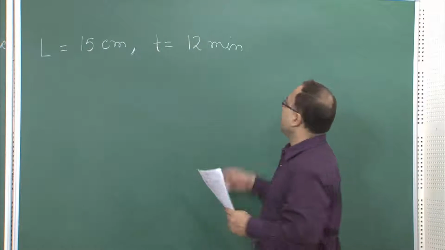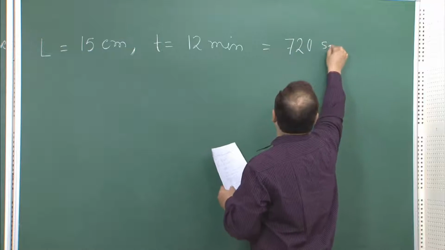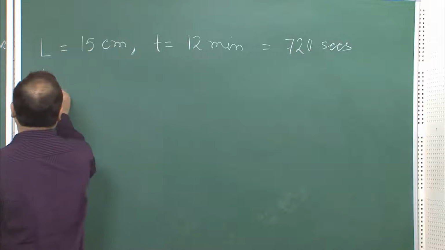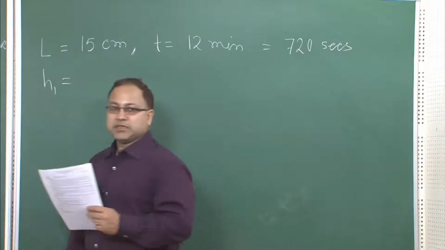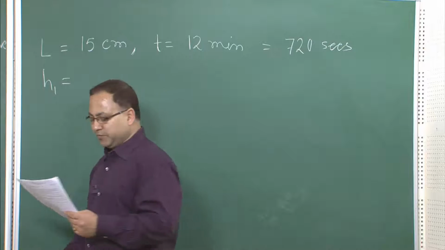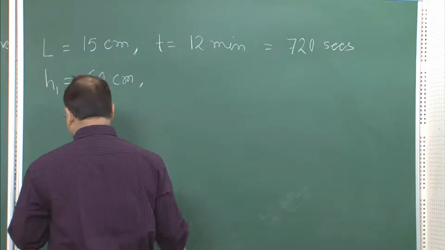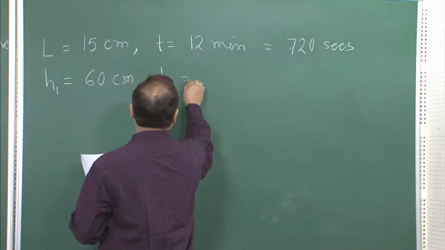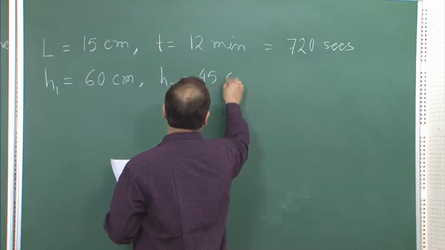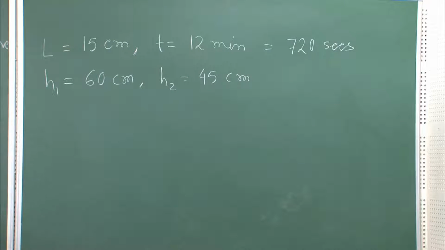That comes as 720 seconds, in terms of seconds. H1, the initial head from where you start the experiment, is given as 60 centimeter, and the final head you observed after 12 minutes is 45 centimeter. So, these are the parameters given in the problem.